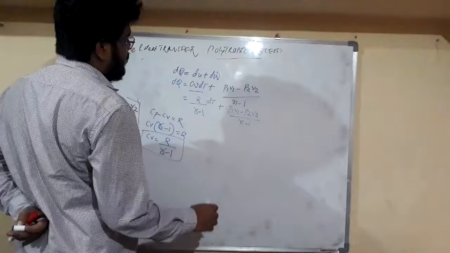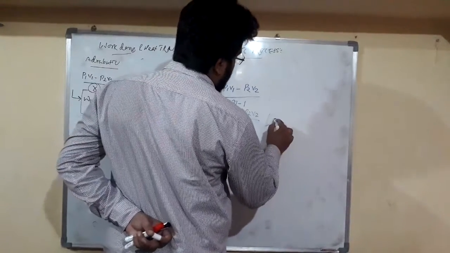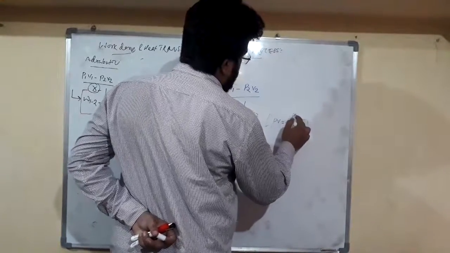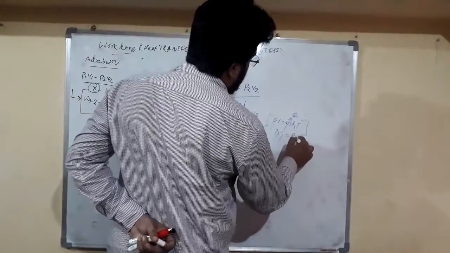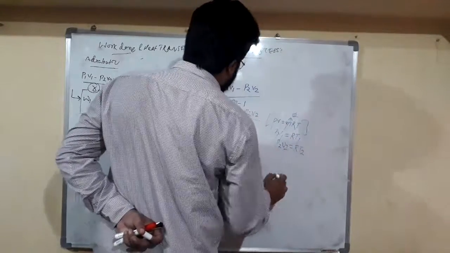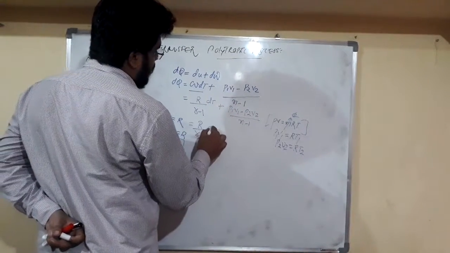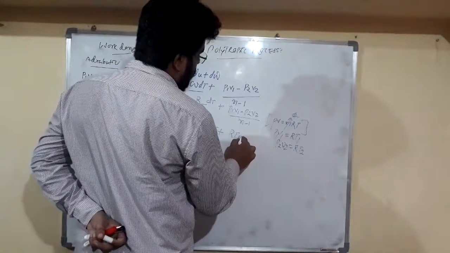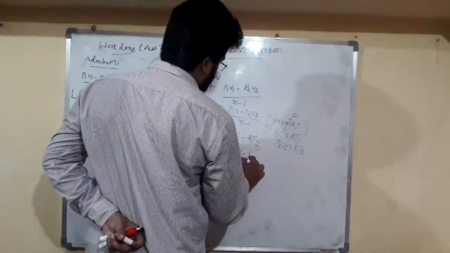Now friends, we can use PV equals mRT here. We take mass equal to 1. So P1V1 is equal to RT1 and P2V2 equals RT2. So R upon (gamma minus 1) dT plus (RT1 minus RT2) upon (n minus 1).